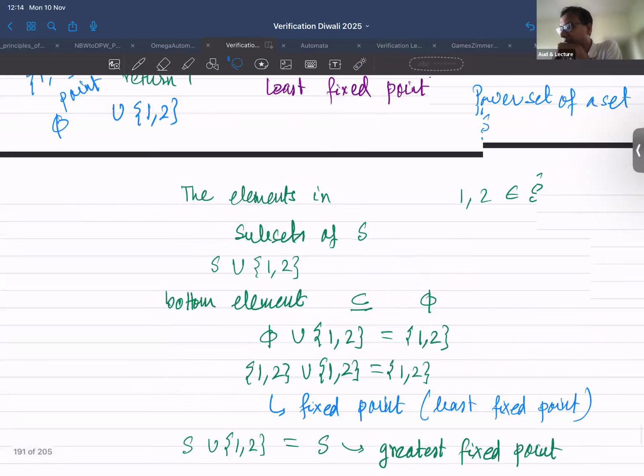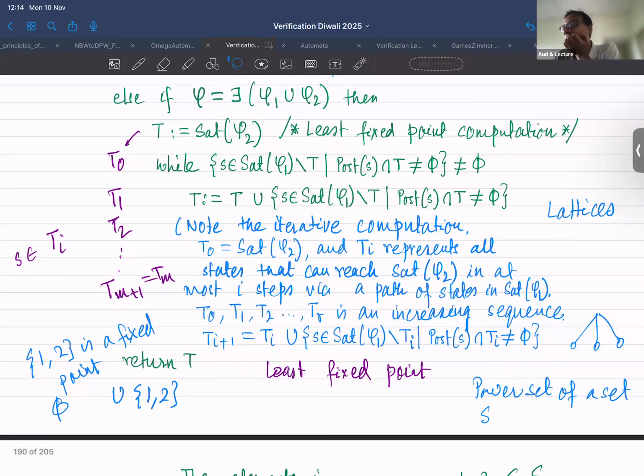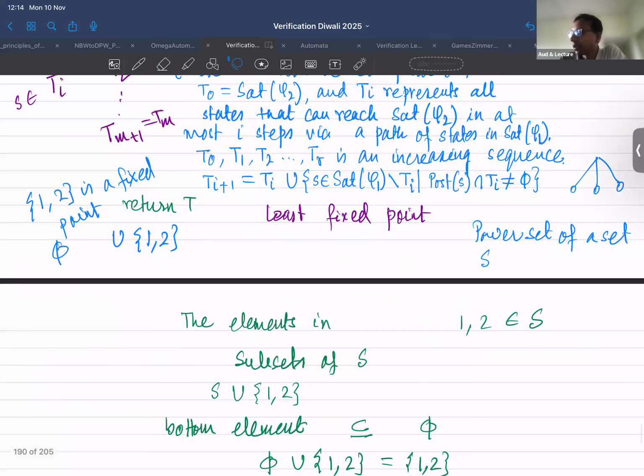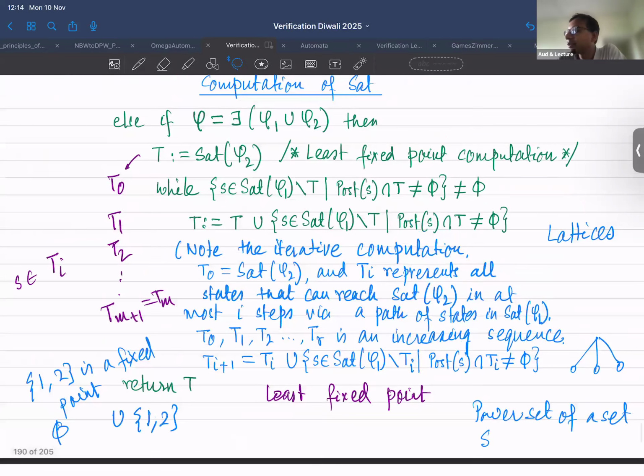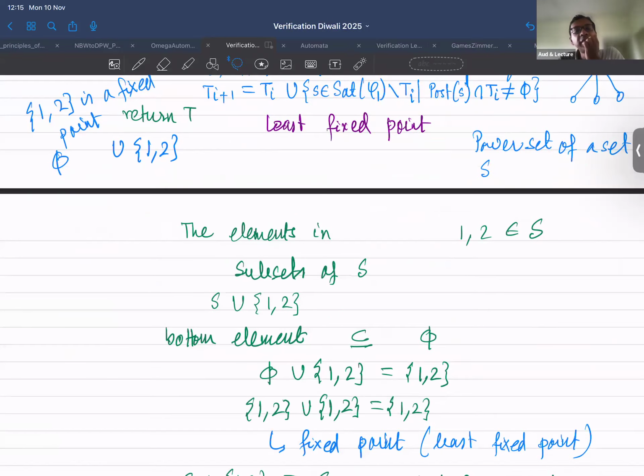Okay, so I was under the assumption that lattices are being taught in the MFCS course. I'm not sure about that, but I thought so. Maybe we can try to go over this, but overall this is the idea.